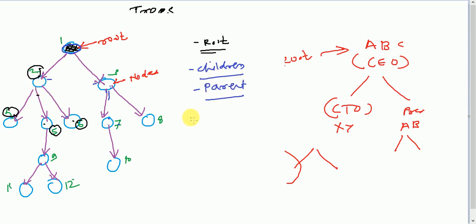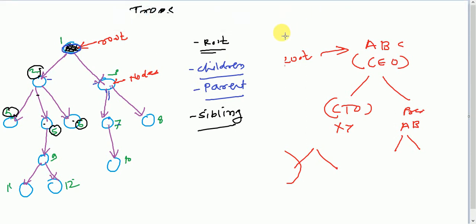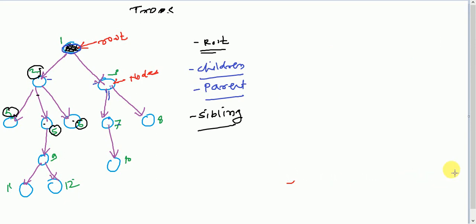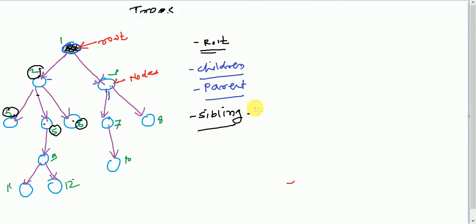The next is about sibling. So sibling is nothing but the set of all those nodes which have a common parent. So nodes having the same parent are called siblings.